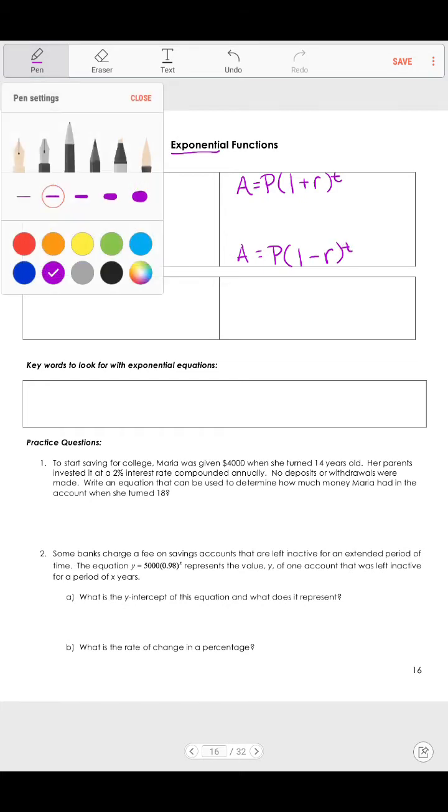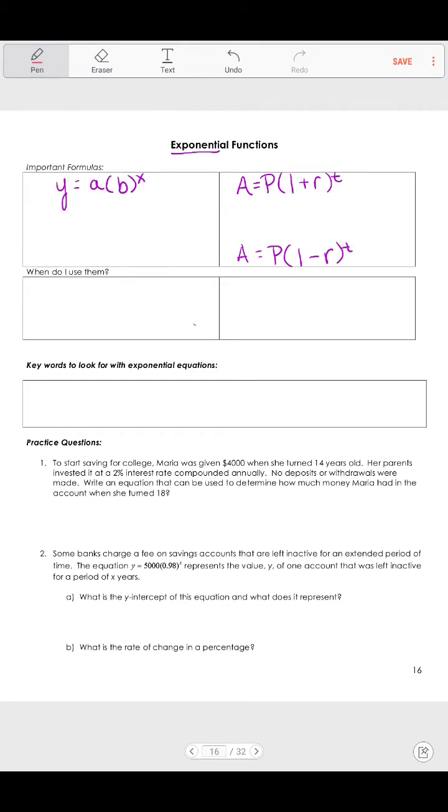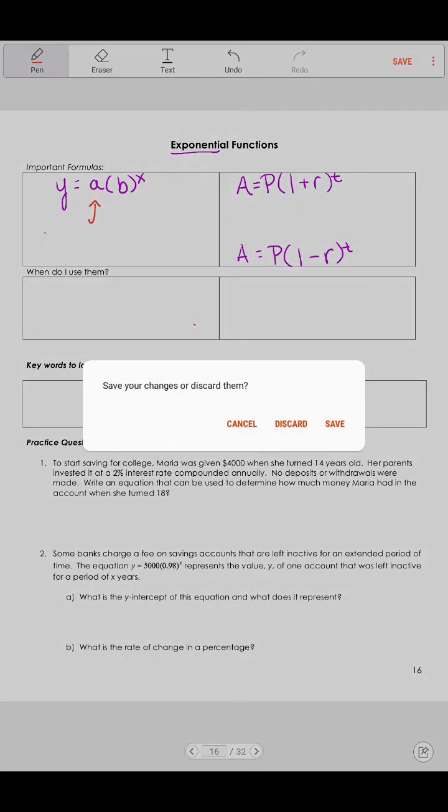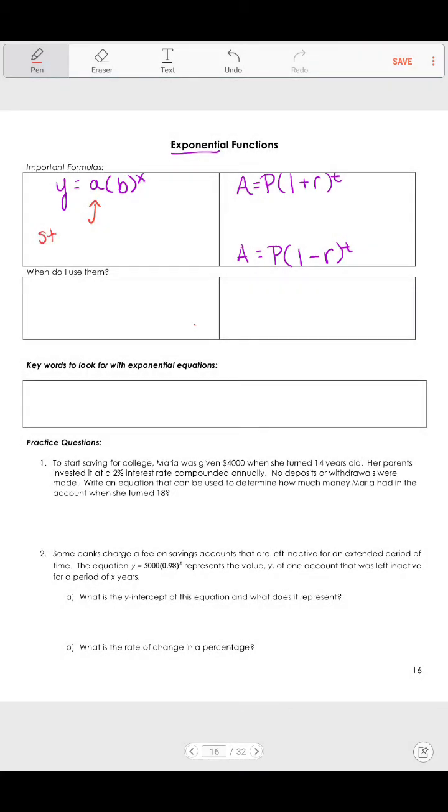Okay, so what do those formulas mean? When we are talking about this one, the a represents the start, or the y-intercept. And that's the same thing that the P means. Okay, that's the initial value or the start value or the y-intercept.